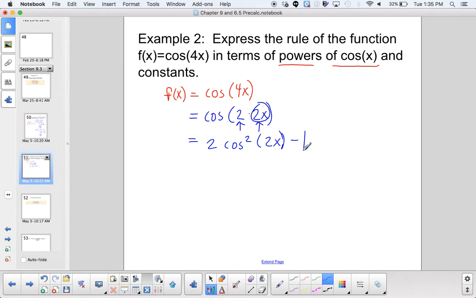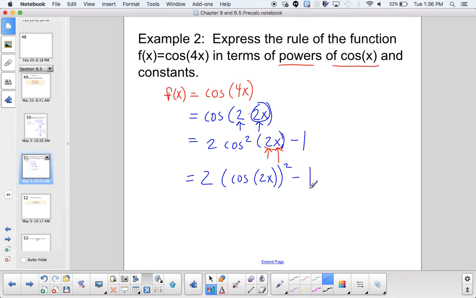Okay, now we're going to repeat that process. So again, I have a 2 and x. I'm going to use the 2 as the 2 this time and the x as the x. But in order to do that, it might be a little bit easier if I rewrite this as 2 times cosine of 2x squared minus 1.